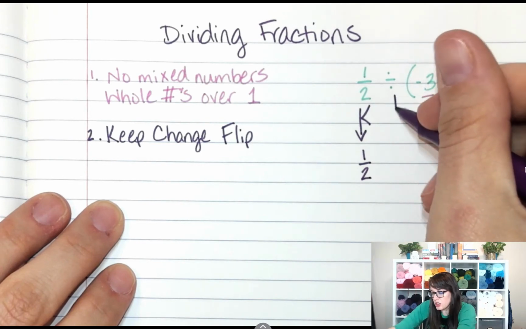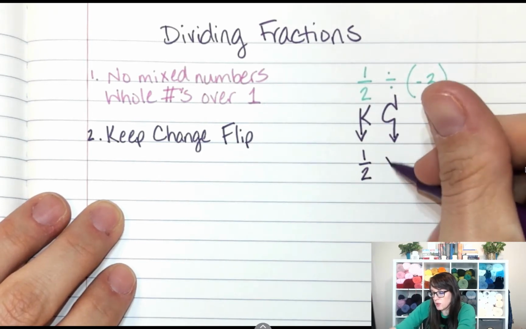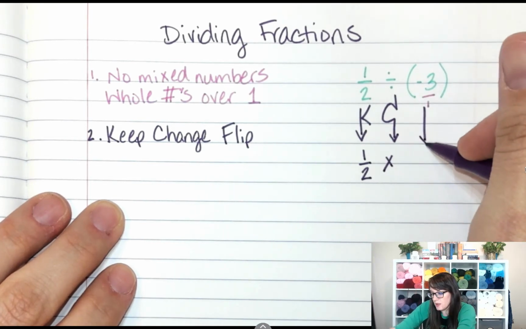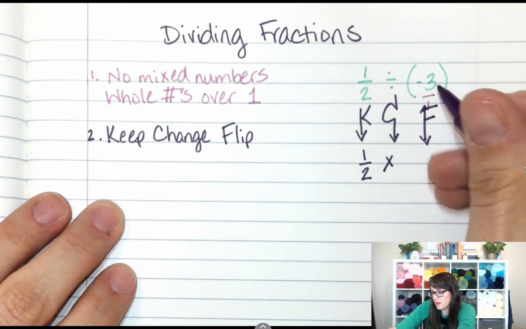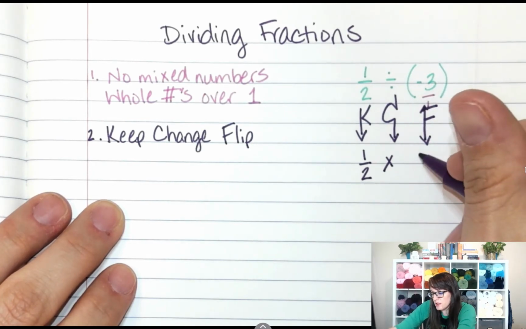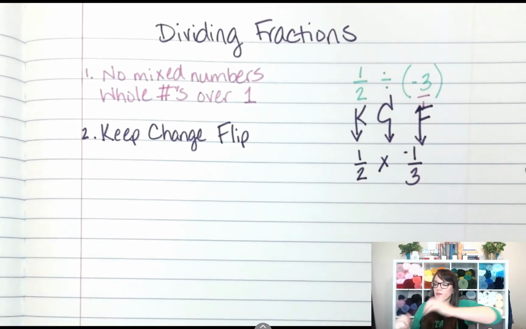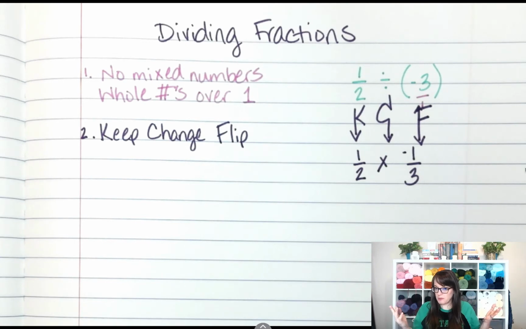We're going to change divide to multiply, and we're going to flip -3 over 1 to be -1 over 3. So we flipped it over. K, C, F. Now it's a multiplication problem.